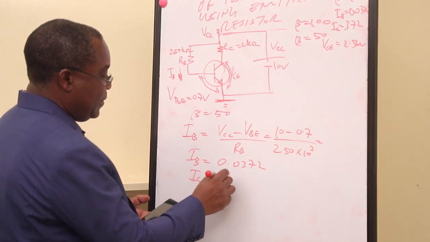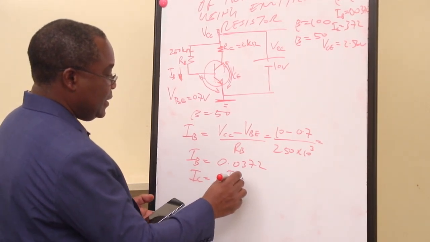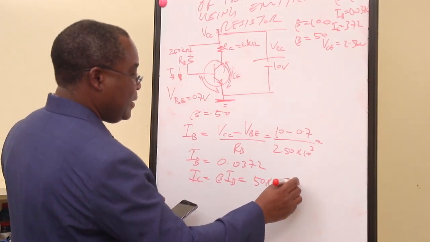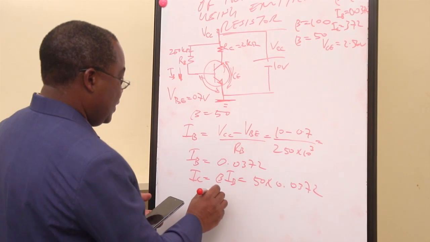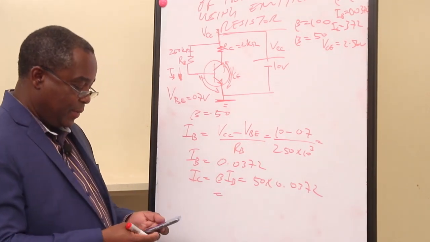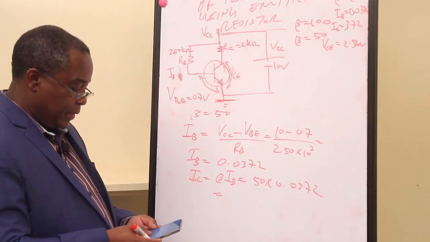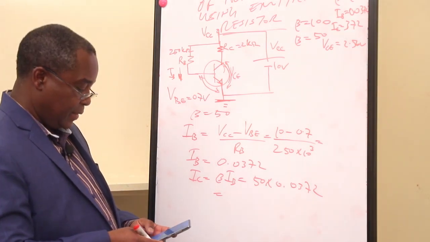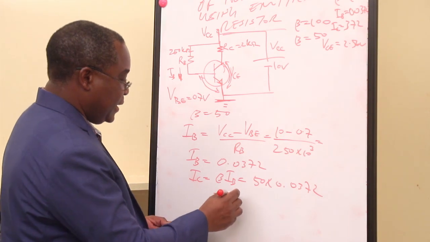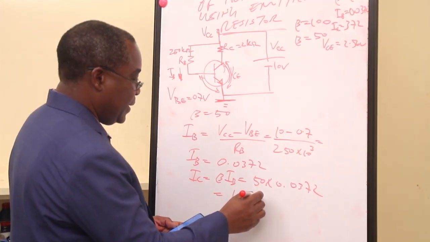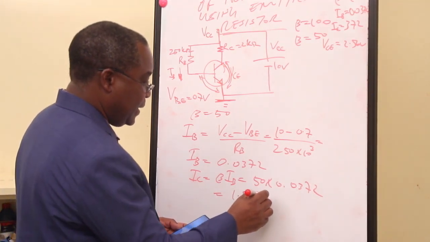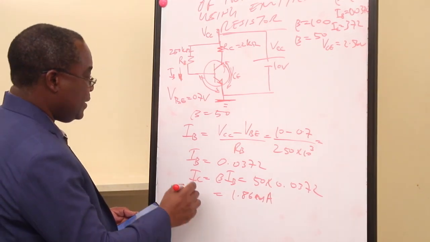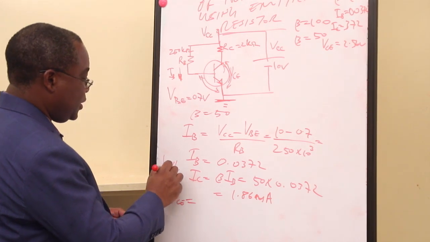So we have to look for IC. IC is equal to beta times IB, and beta is 50 now, times 0.0372. Using our calculator, we take 50 times 0.0372. We have 1.86 milliampere. So we have to find VCE again by using Kirchhoff's voltage law.